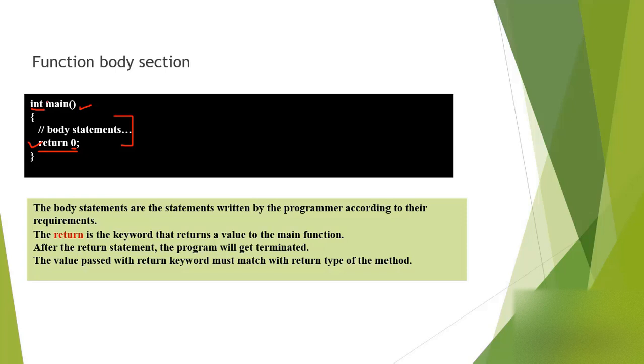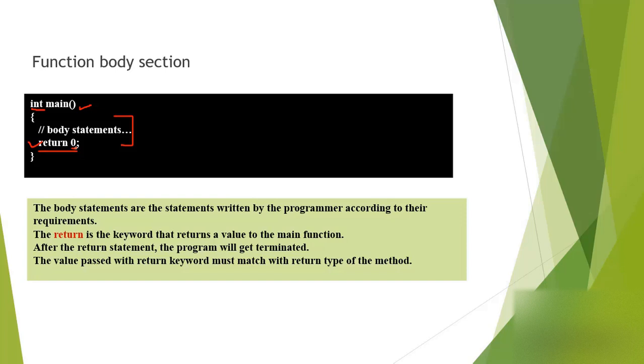Suppose I am writing int type here, so the value must be of integer type. And if I am writing float, the value must be of floating type. And if I am using the void type, then it is optional to use the return statement.